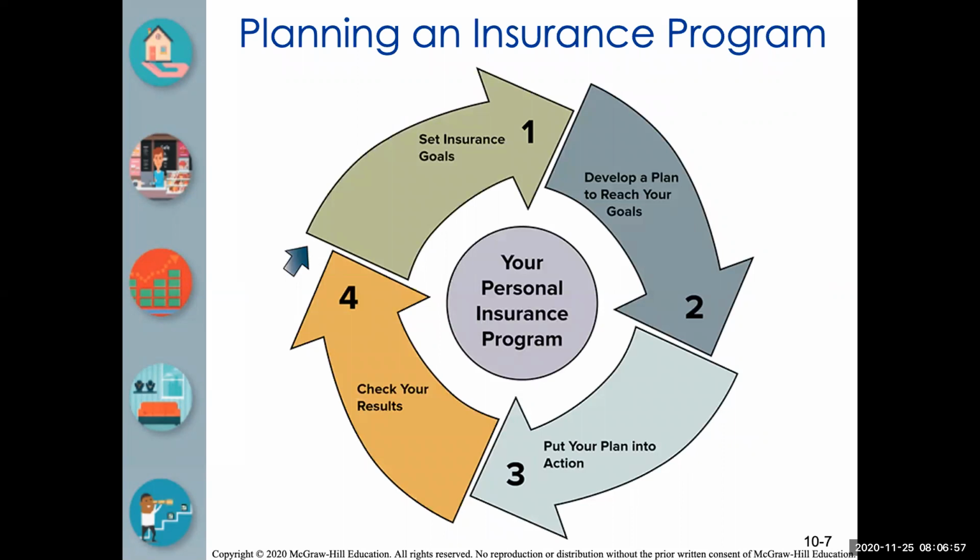So when we start thinking about how we go about planning for the insurance program, the first thing I have to do is, just like we were talking about earlier in the semester with finances, set our insurance goals. What are we trying to accomplish? With the personal articles policy, great example, what personal property do we have that needs to be insured against theft or loss?